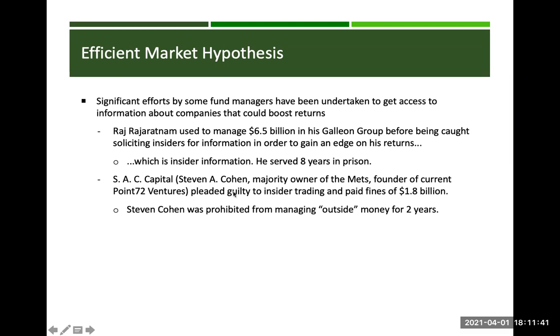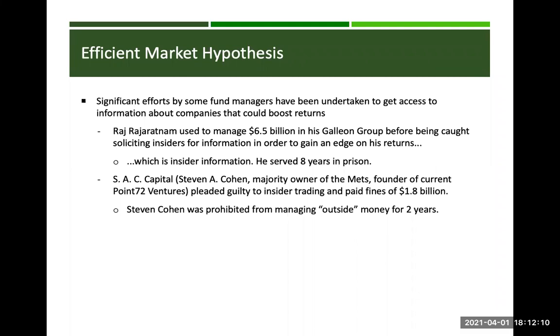SAC Capital, Stephen A. Cohen. He is a majority owner in the Mets. SAC Capital, not Stephen Cohen, pled guilty to insider trading violations and paid fines of $1.8 billion. Stephen A. Cohen's penalty was that he was not allowed to manage outside money for 2 years. He didn't get any jail time.